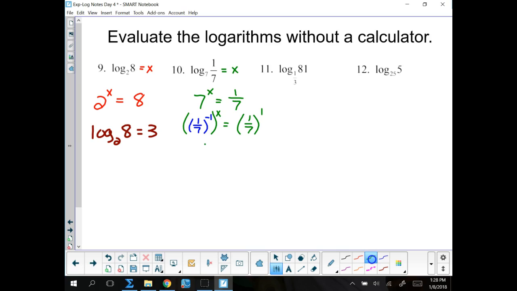Then -x equals 1. So x would equal -1. Or if I wanted to go 7 to the x power equals 7 to the -1st power, again I'd have x equals -1. So log base 7 of 1/7 is equal to -1.